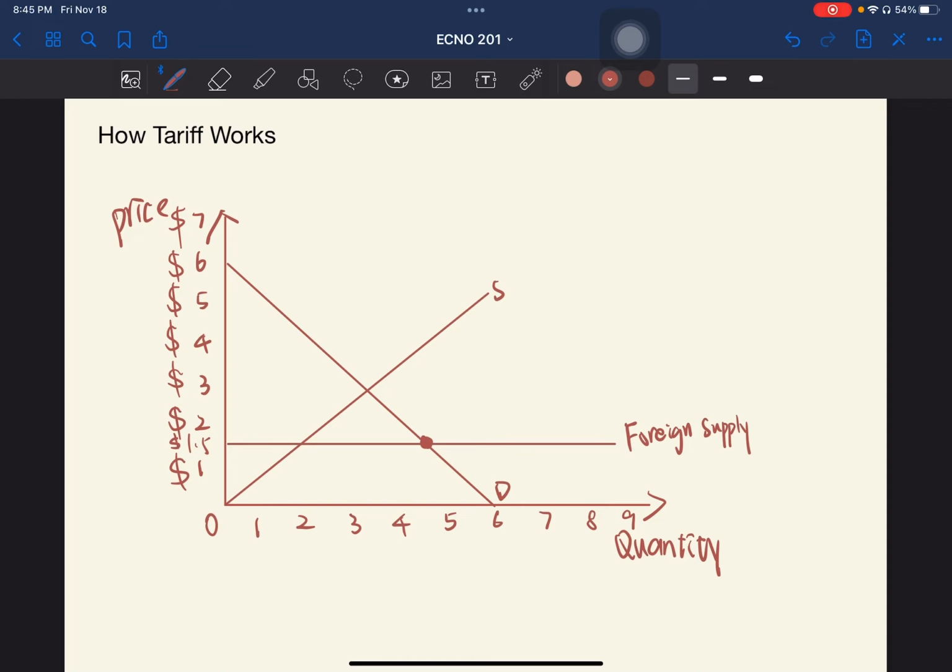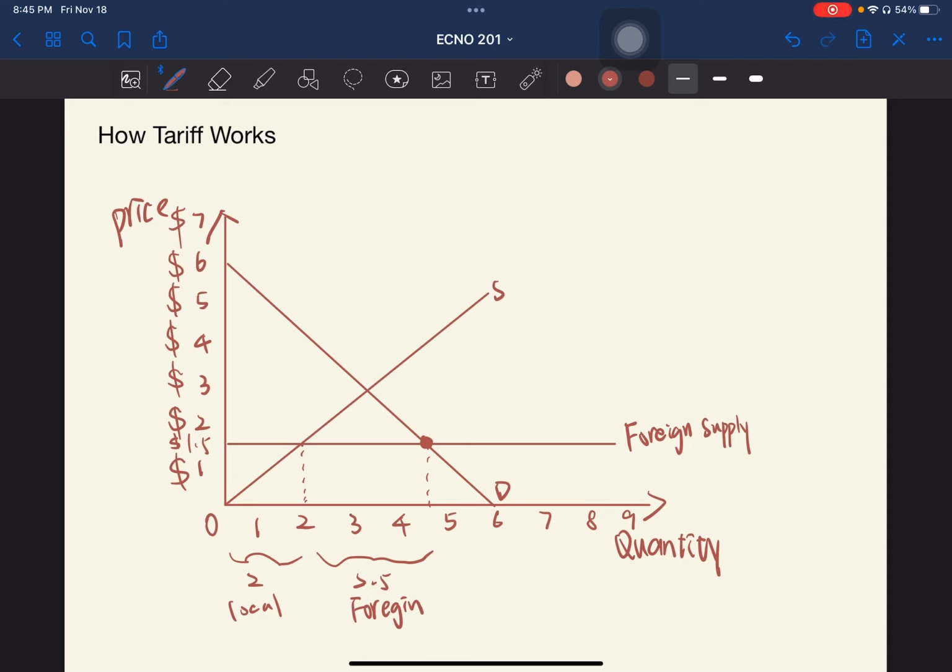And this time the first two products will be sold by the local producer, and the rest of the quantity, which is 2.5, will be sold by the foreign supply.